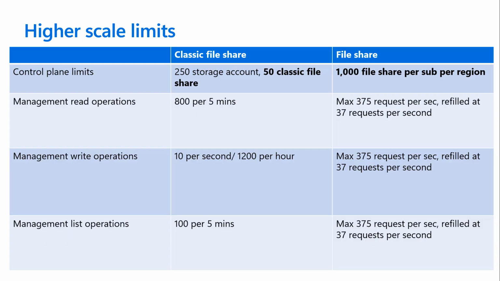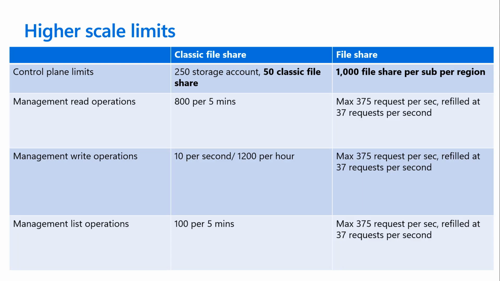We also used this time to increase the scale limits of the file share. For control plane limits, on the classic file share, we can create up to 250 storage accounts, and if it's using the Provisioned v2 model, each storage account can create up to 50 classic file shares.